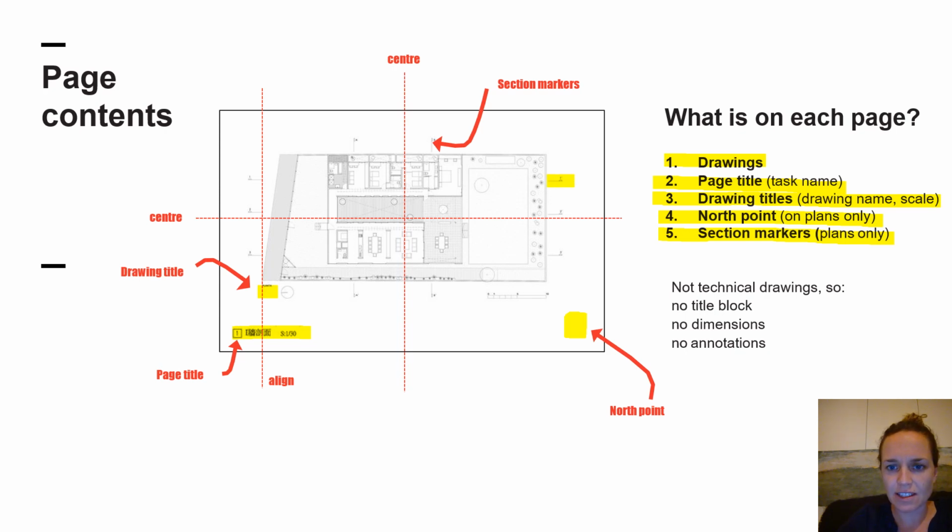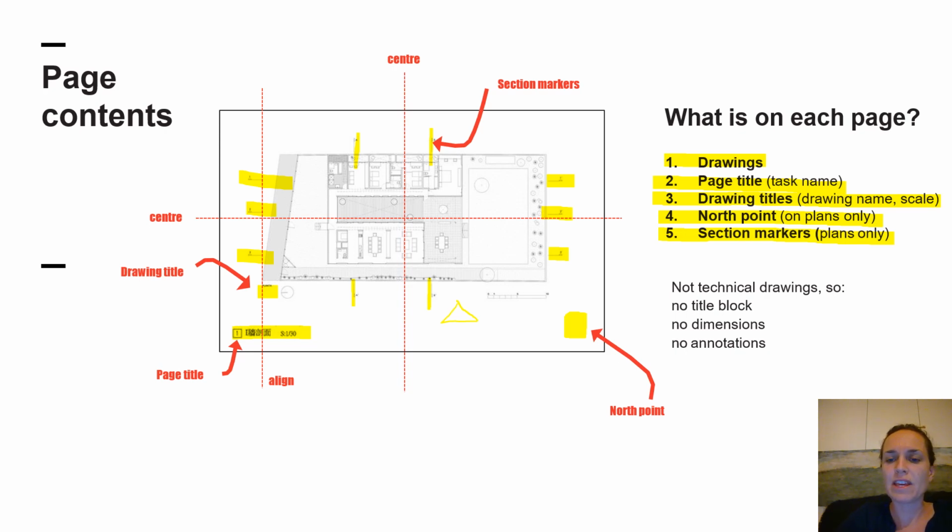So these are these things along here, and they indicate where you've cut the sections, and you can also use them to indicate where you're taking your elevations. So for example, if you're taking an elevation of Middle Street, you might draw an arrow like that that says, okay, this elevation is facing the north from Middle Street.